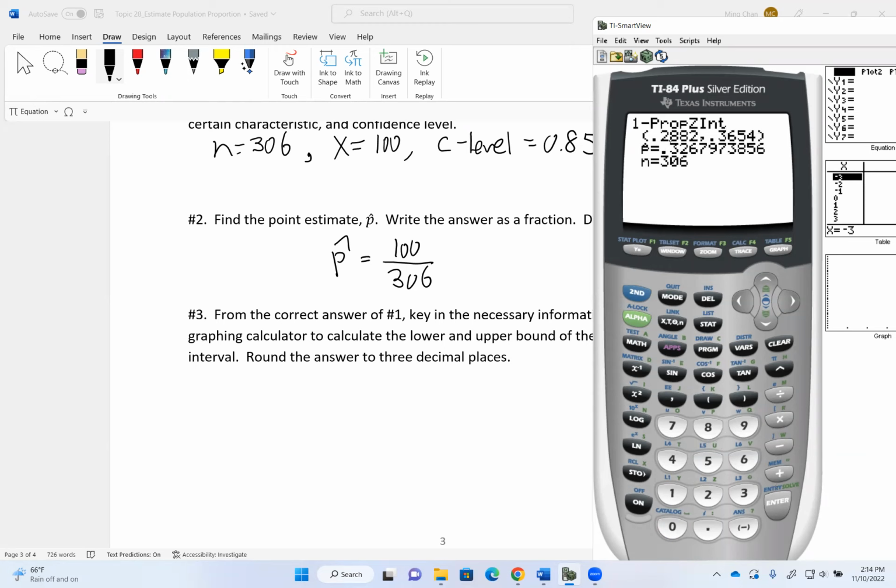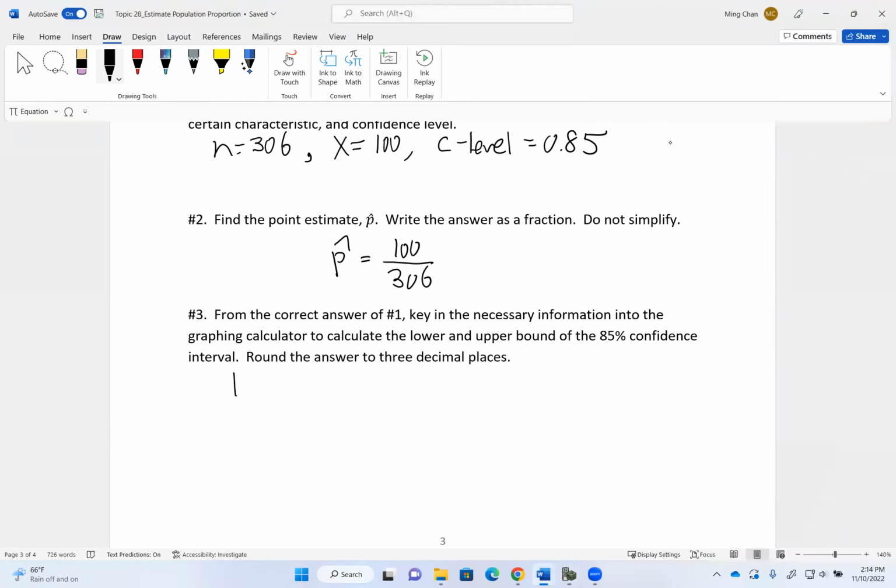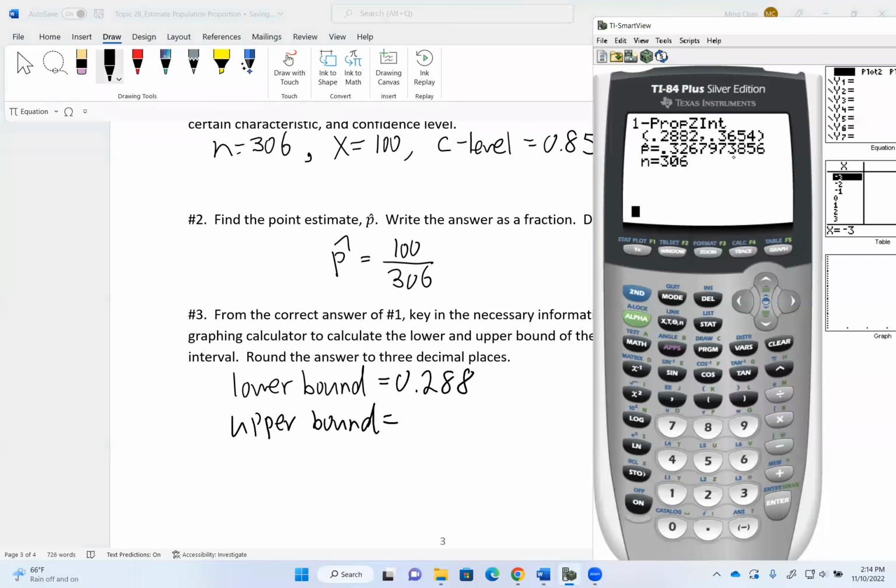So the lower bound is 0.288, and the upper bound is about 0.365.